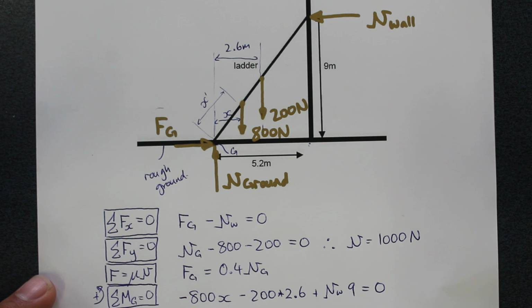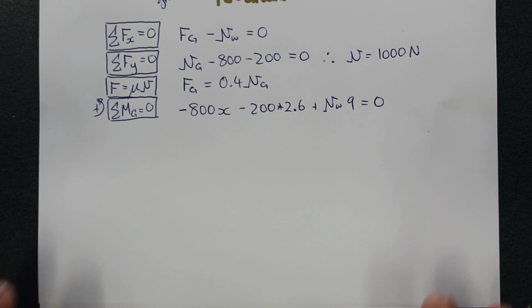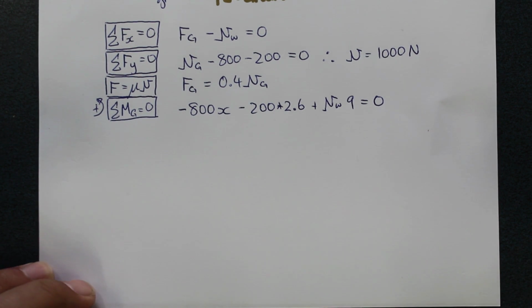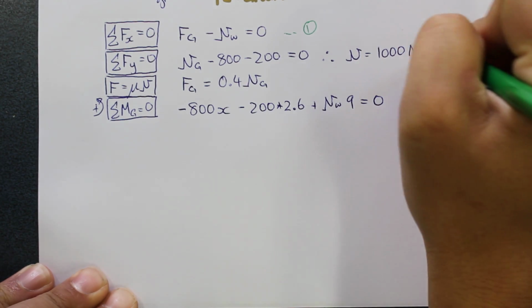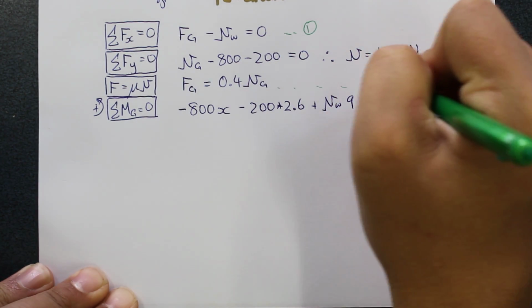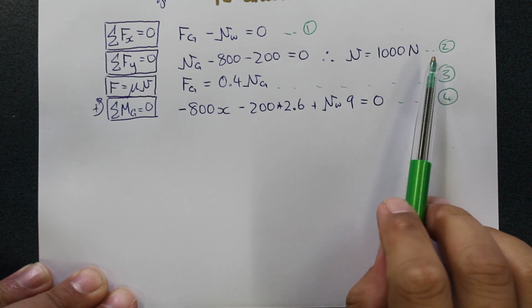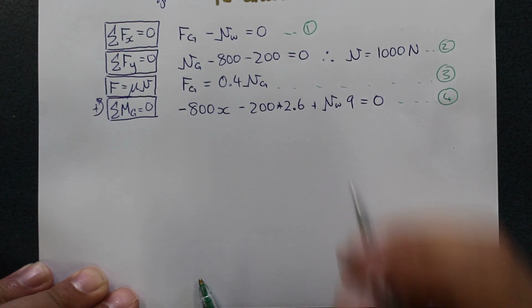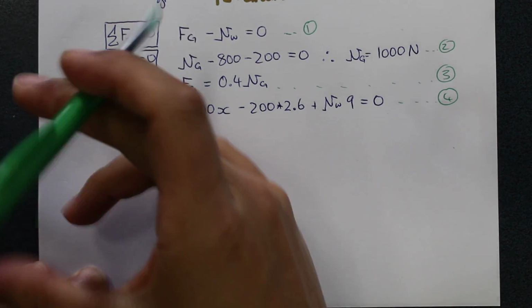Now we've got 4 unknowns and 4 equations, and we can solve this system of equations. We'll name each one of the equations: equation 1, equation 2, equation 3, and equation 4. We can substitute equation 2 into equation 3.